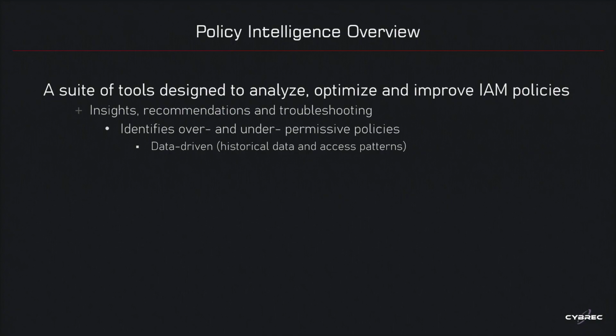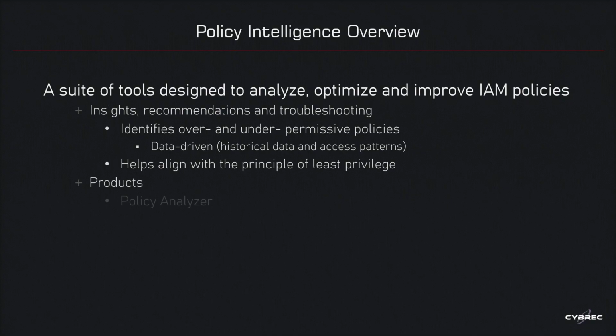The Policy Intelligence Engine is going to look at the historical data, at the logs in our organization, at the access patterns to better tailor the responses to give us more meaningful insights that fit into our organization. Overall, this is another great tool that will help us better align with the principle of least privilege. It's something to keep in mind when you work with IAM policies in a large organization.